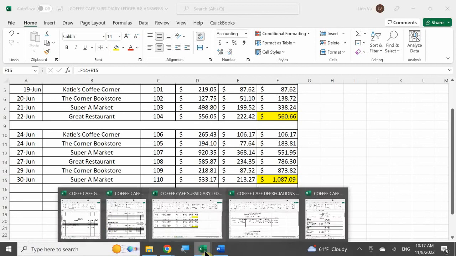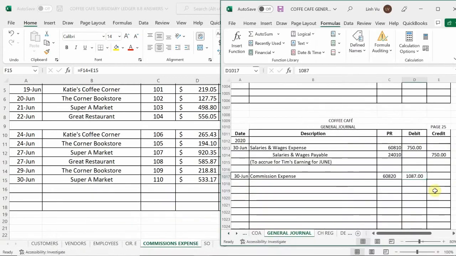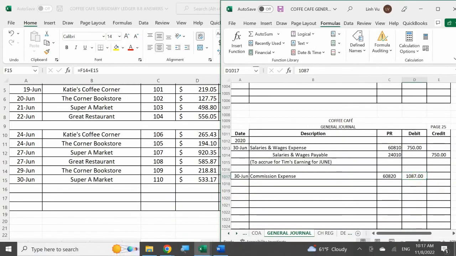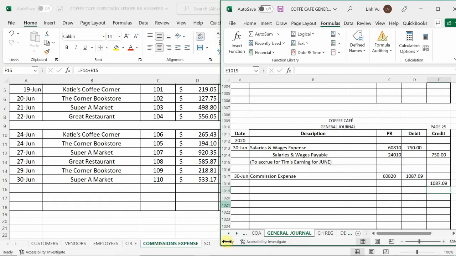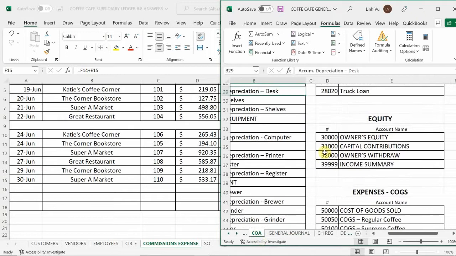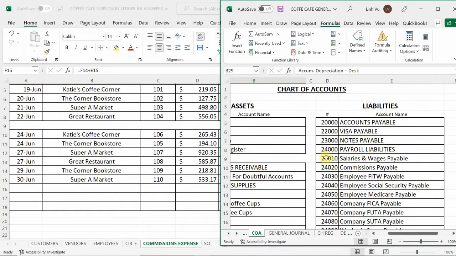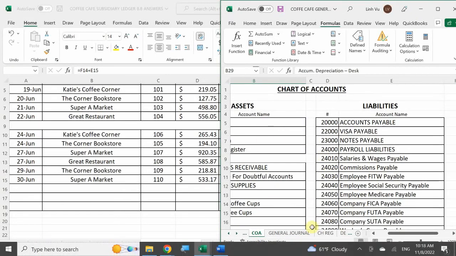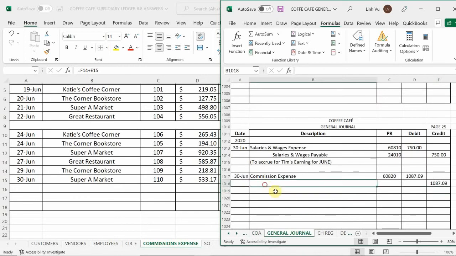And am I paying him now? No. So therefore I owe him this amount, so I'm going to be looking at commissions payable. So commissions payable, 2420, because I owe him for the month of June.